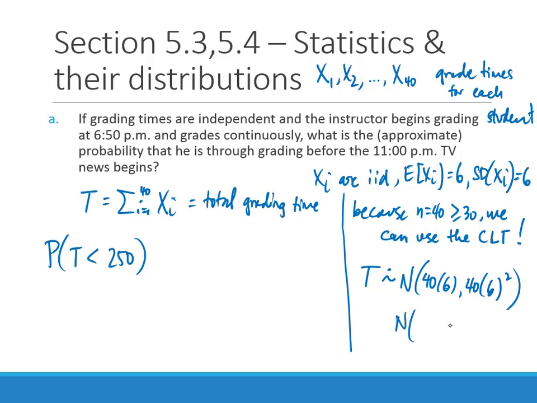So normal with mean 240 and variance 1,440. Because my sample size is large enough, I can say that T has approximately a normal distribution.